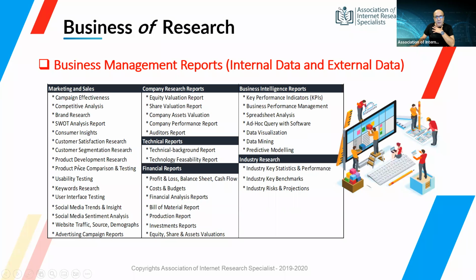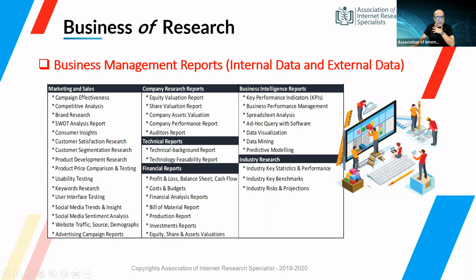Now this box has headings, and then it has a list of reports that are mentioned here right next to the asterisk sign. The department we call marketing and sales has the type of reports which typically circulate in the same department, like campaign effectiveness research, comparative analysis research, brand research, SWOT analysis, consumer insight, and so it continues.